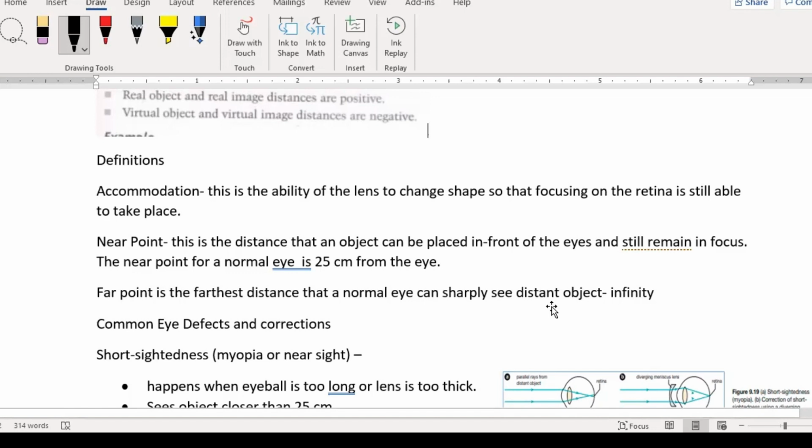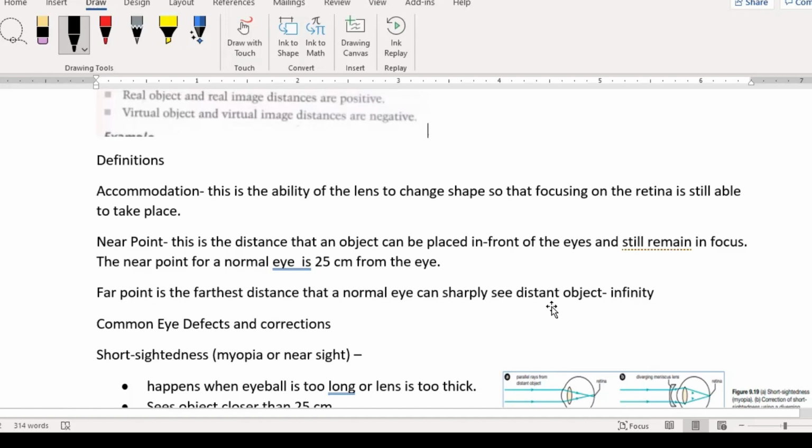What we have come to realize is that our eyes have a certain distance from the lens where, if we go less than that, the eye cannot focus or accommodate that object anymore. That means your hand has now passed the near point.